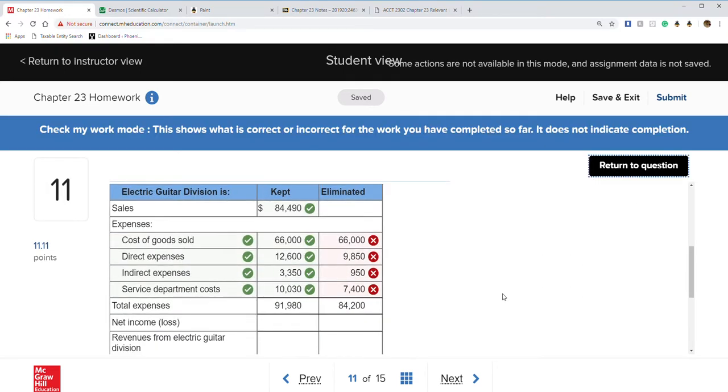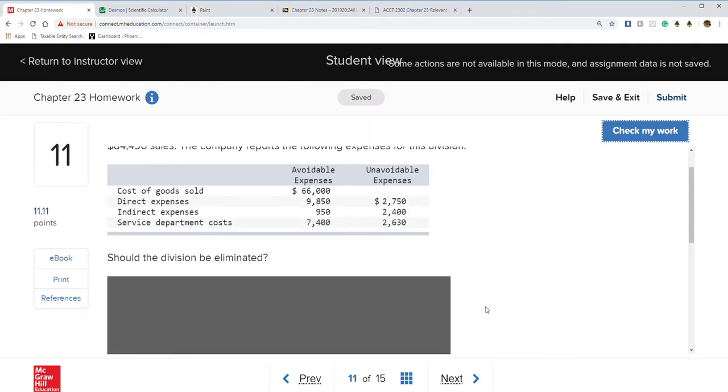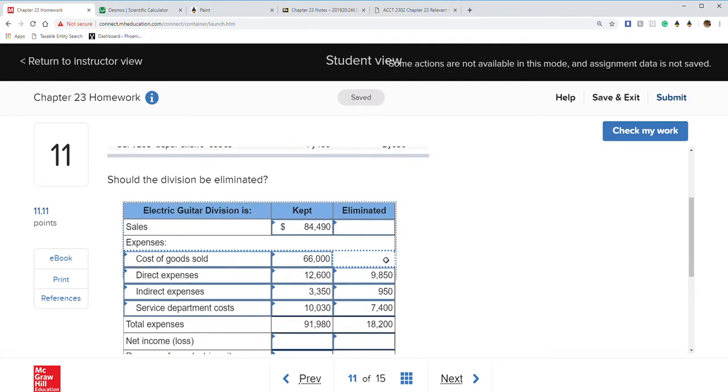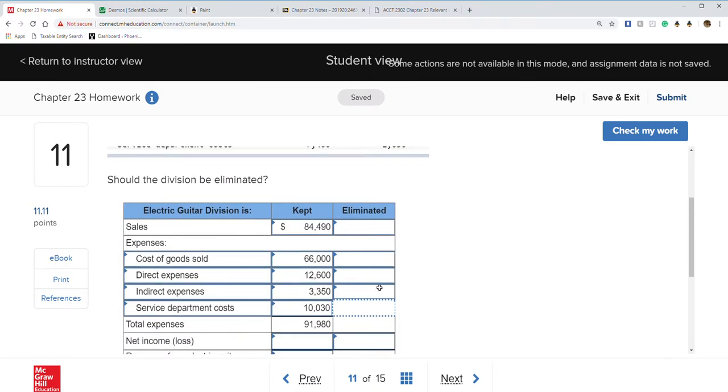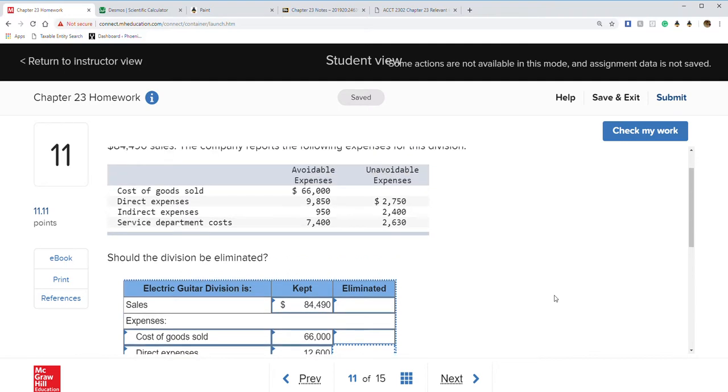They don't like that. Huh. Are they only going for unavoidable? Yeah. Probably going unavoidable. Let's see. Because this is interesting because it's not doing exactly like we were doing in our notes. Connect wants it a different way. Sometimes I don't like it when they want different ways than what we do it.